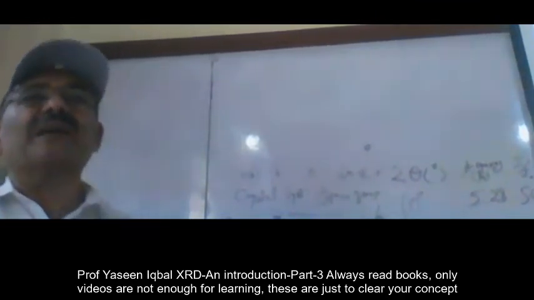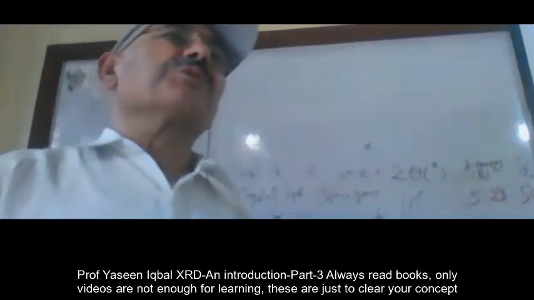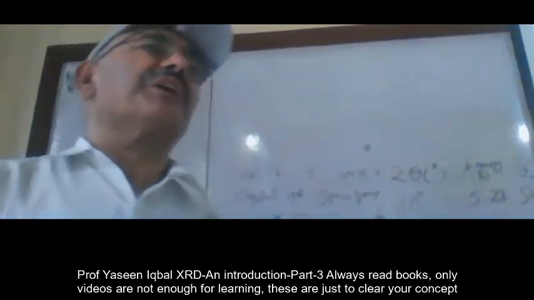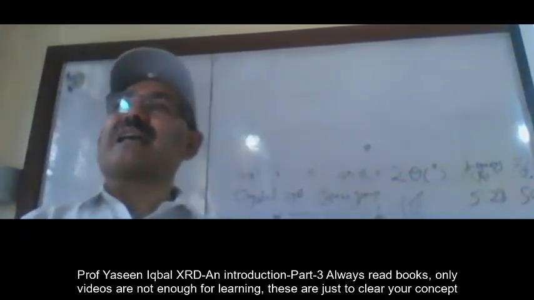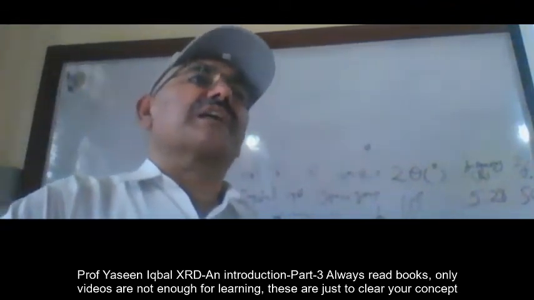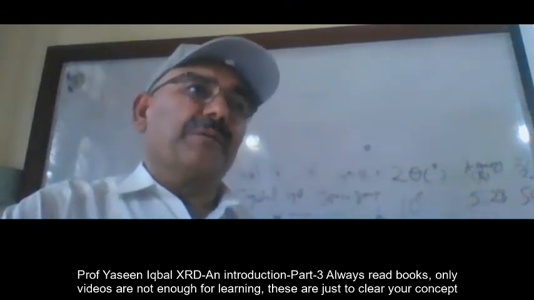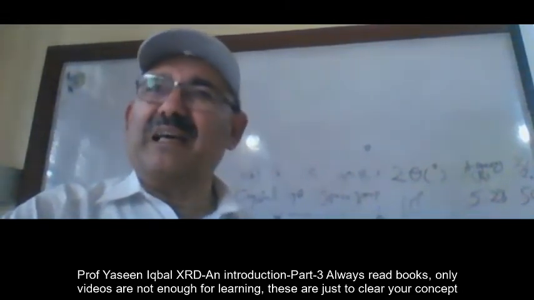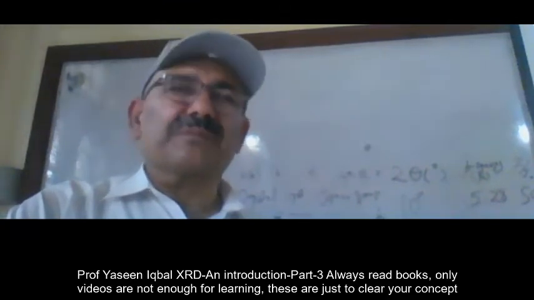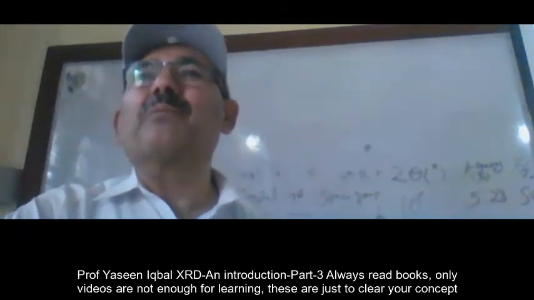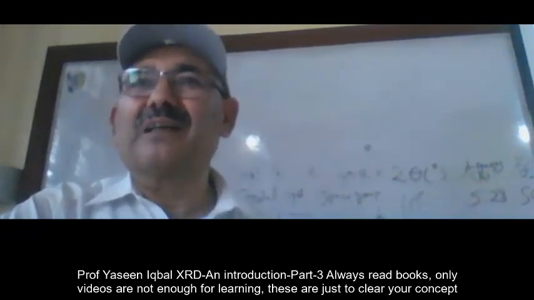So you have more than 100,000 cards. So you are not going to look into each and every card. But if your material is, say, barium titanate, then you will have to look into all the compounds of barium titanate. For example, for silica, there are more than 10 polymorphs of silica.